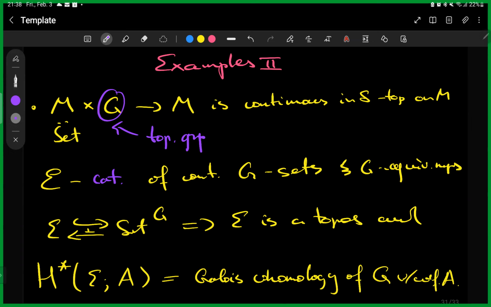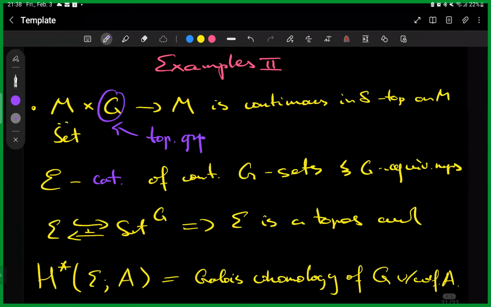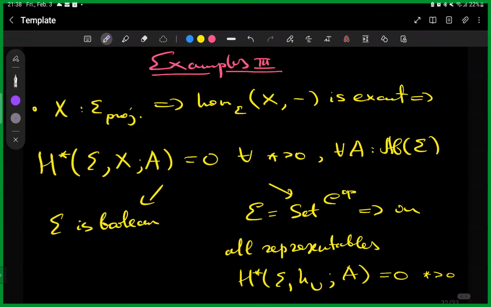This adjunction then induces a structure of a topos on E, and that means that we can compute cohomology of E with coefficients in A. And as it turns out, it corresponds to Galois cohomology of G with coefficients in A. So another example of a topos theoretic definition, which gives us some concrete mathematical concept.